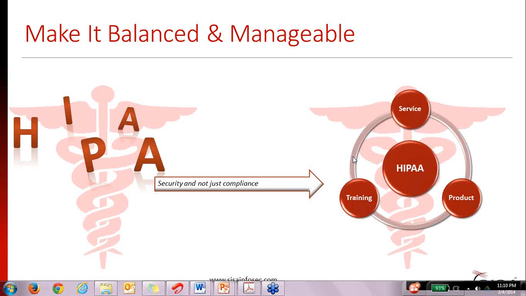Thanks, Swati. And the next question is, who should do a risk assessment? Friends, definitely we need experts who understand the methodology and who have experience to perform the risk assessment in a particular environment.